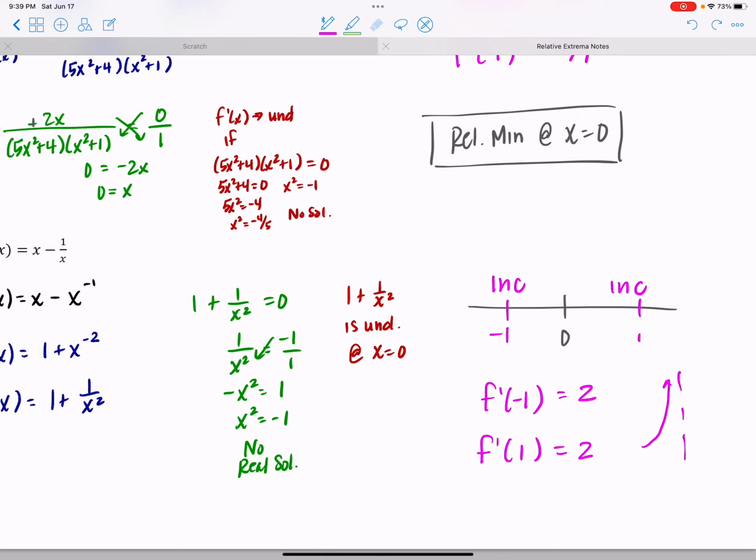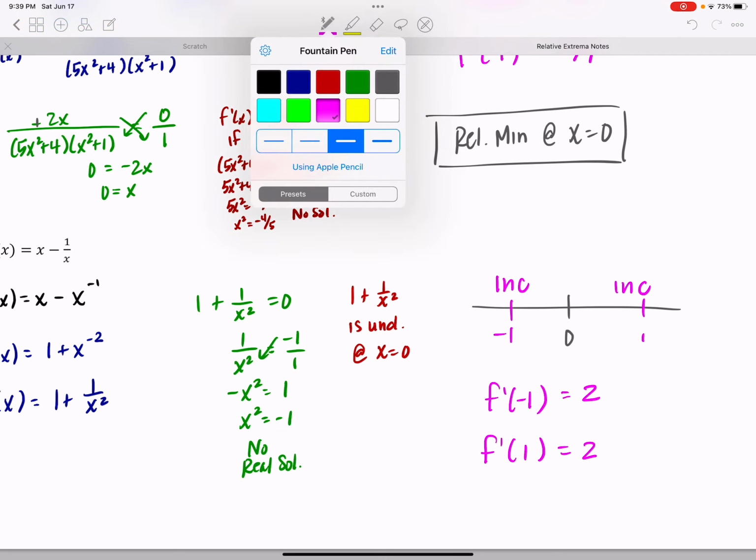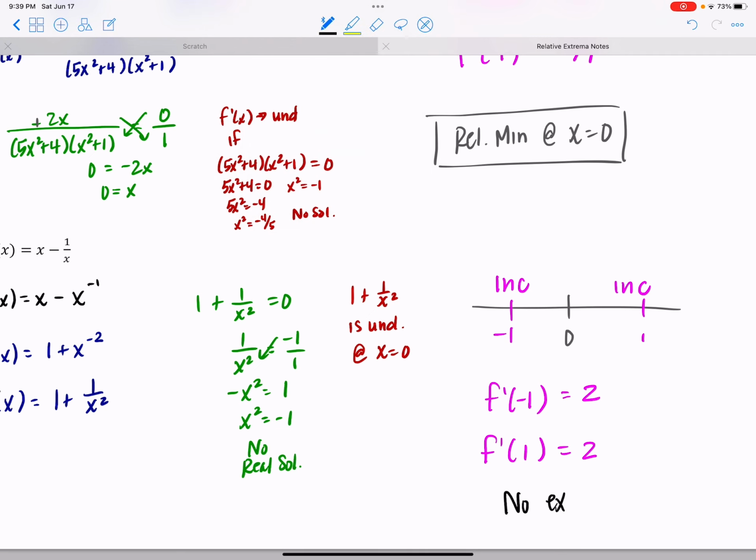Okay, so I'm not drawing this out very well, but anyway, we're not changing, so it has to be an inflection point. We have to be doing this type of deal where we're increasing all the way through, right? So we have a critical number because we do get a slope that eventually zeroes out there, but no change in terms of increasing to decreasing. So no change means no extrema. So no extremum, or plural, or singular. Either one would be okay for that answer.